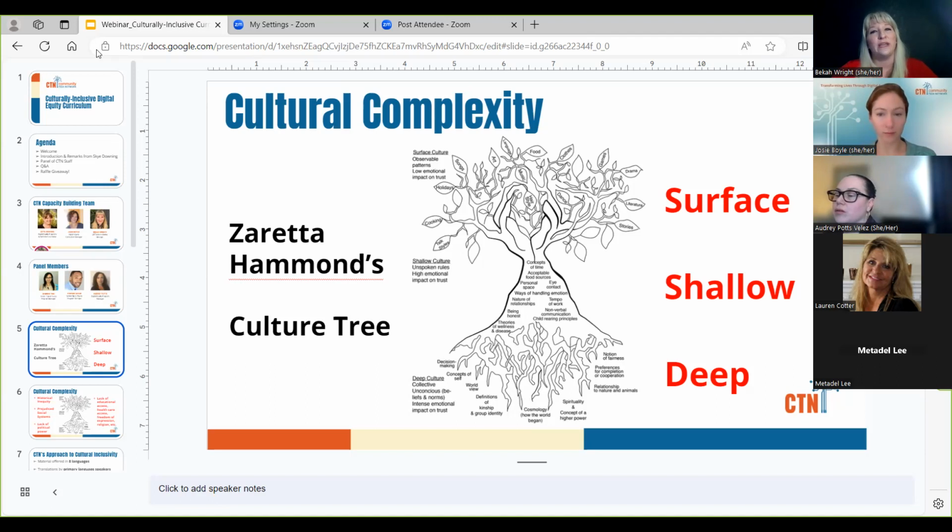Shallow is more how we interact with our environment and our place in it. And then the deep part of culture gets into those things that are subconscious, unconscious, or at least very deep. What our assumptions are, what our biases are, what our very deep belief systems are.